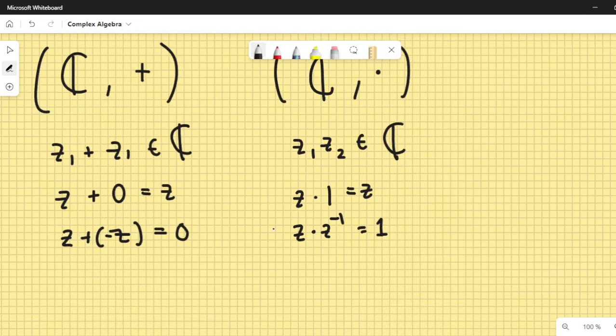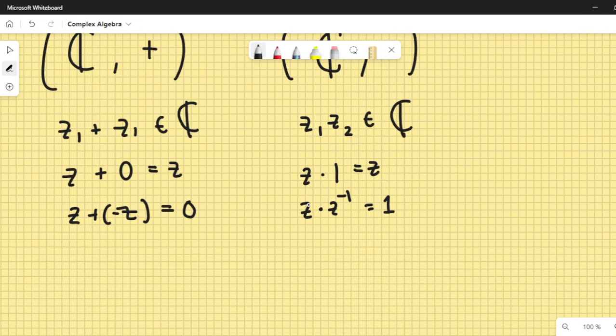So yes, we have inverses in the case of complex numbers, so they have the structure of a field, and they also are commutative. Remember, commutative means you can switch the order just like that. And they also are associative.